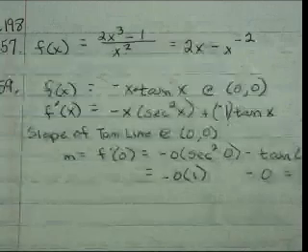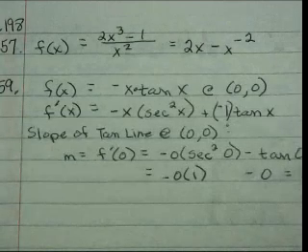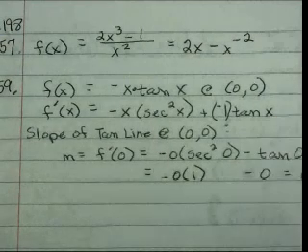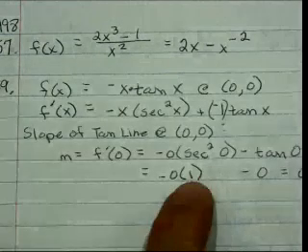You could use point slope form if you wanted to, but that would be the harder thing to do. The easier thing to do, and yes, Miss Ashley, that is 0 over 1, but 0 over 1 is just 0.